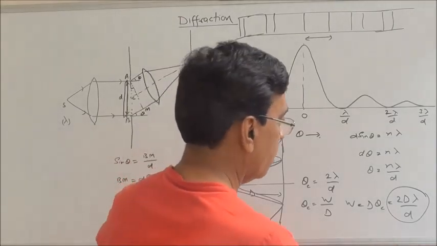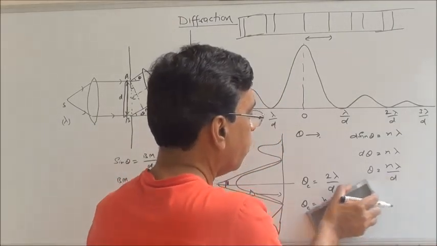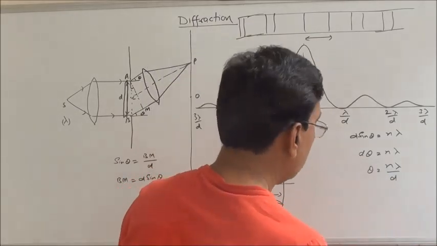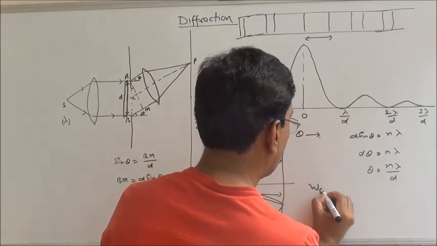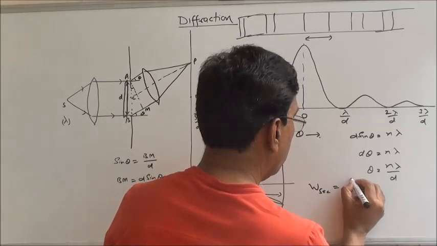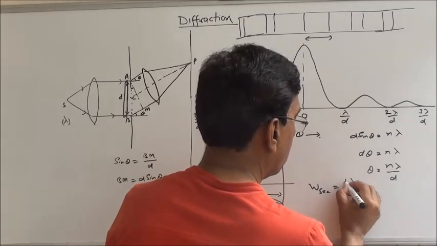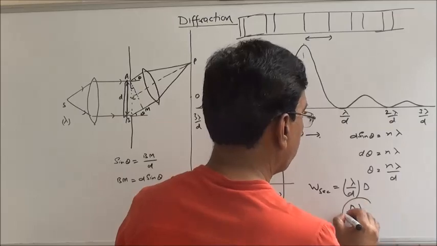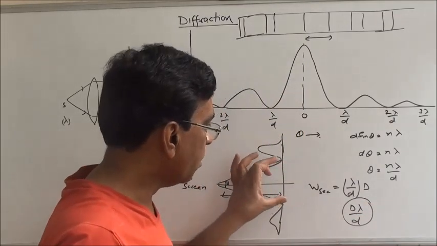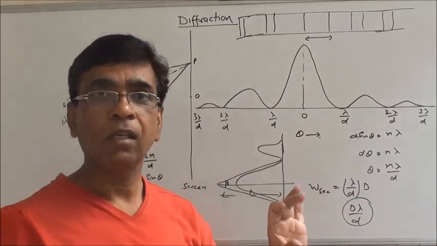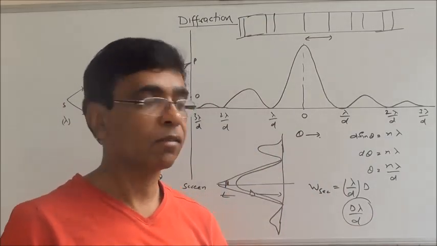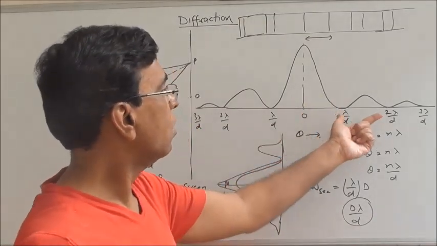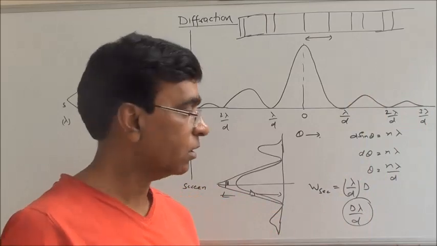So in that case, the width of secondary maximas will be only this much. This is half of that. So central maxima has double width to that of other secondary maximas.